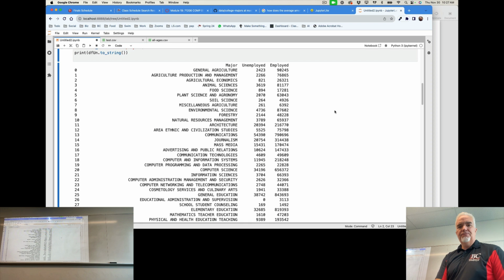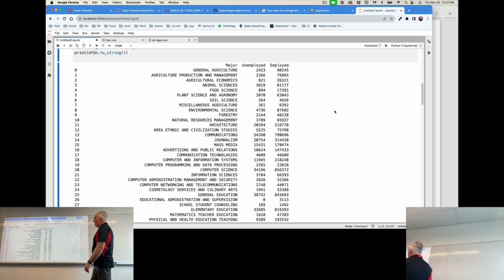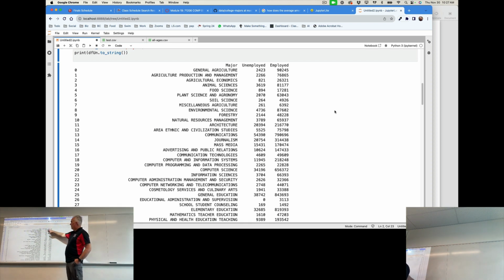So here's something interesting: lowest number of unemployment, agriculture. What does this necessarily mean? Well, it's good that there are that few unemployed, but you also have to look at how many are employed total, because 2,000 out of 90,000, so you have to get the unemployment rate. It might just be a really unique major.